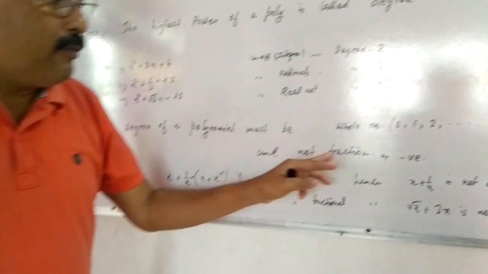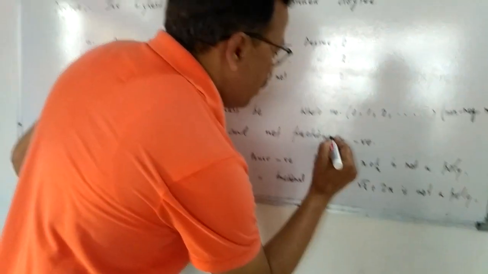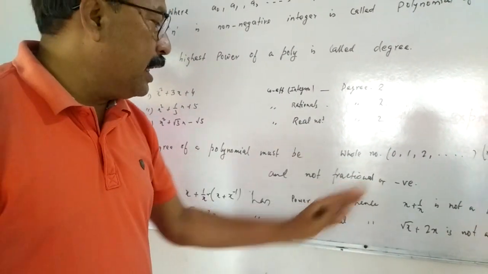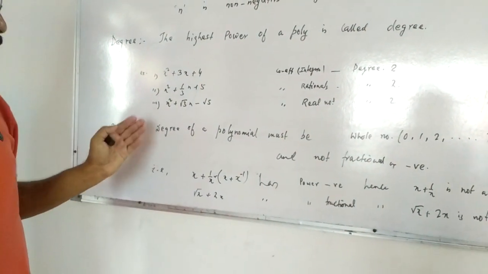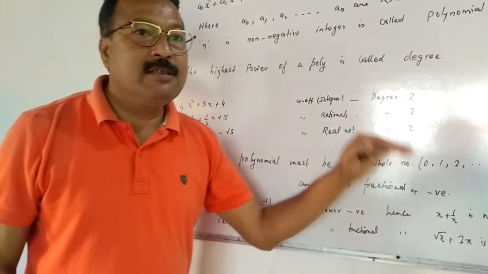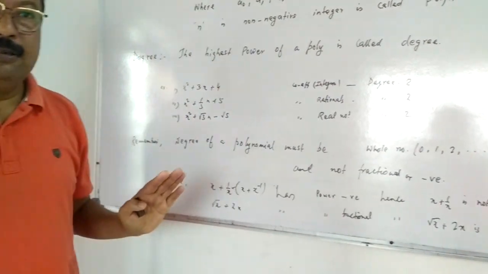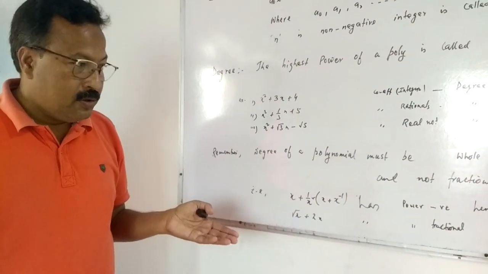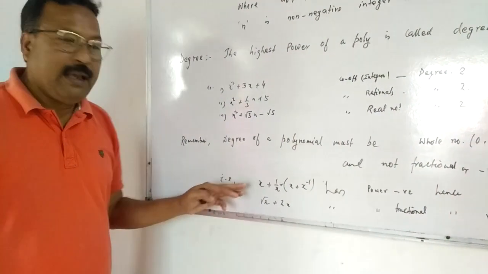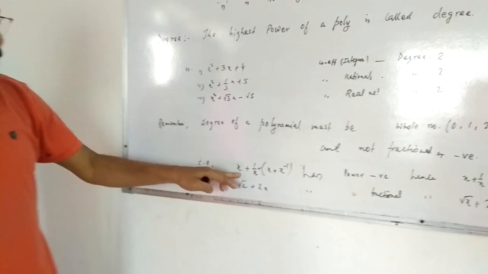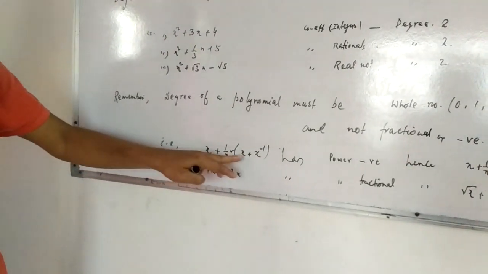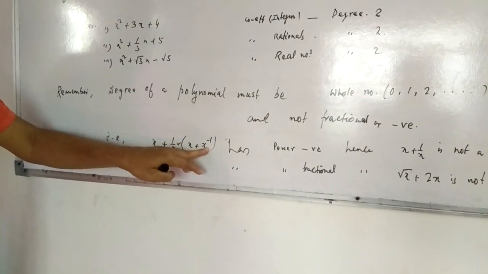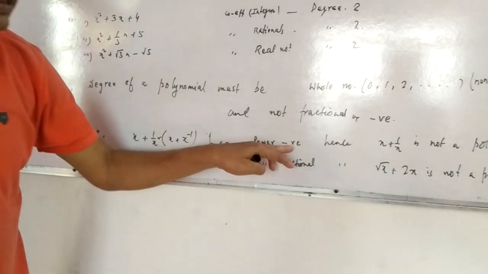That means the powers are not fractional or negative. It has neither negative power nor fractional power. The degree of a polynomial is always a non-negative number. That means it might be positive, it might be 0. That's why in this expression x plus 1 upon x, or you can represent this as x plus x to the power minus 1, has a negative power.